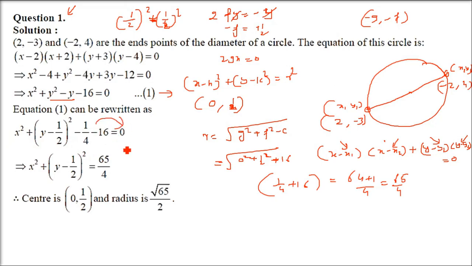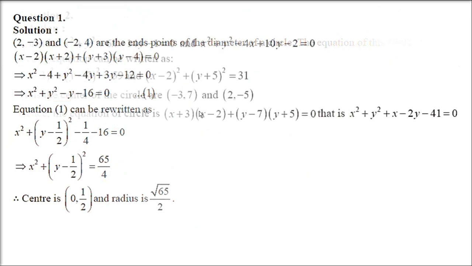And the same thing you will do here. If you are doing it by the perfect square method, 1 by 4 and 16 will go on the right hand side, so that will be 65 by 4, and 65 by 4 is r square. So you have to take the square root: under root 65, and square root of 4 is 2. So both ways you can solve it. Center is going to come as (0, 1/2), minus g and minus f, and radius is under root 65 by 2.